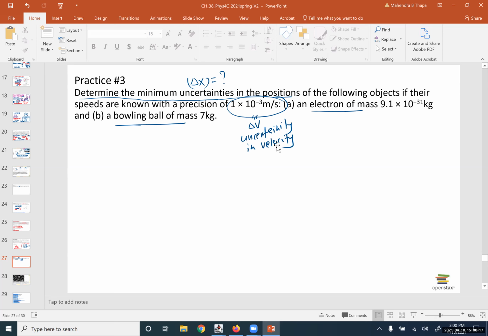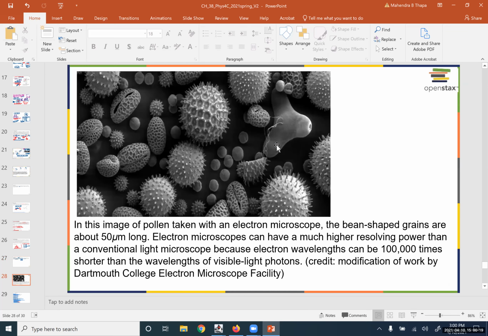To solve this problem. There are a lot of beautiful examples of quantum mechanics, and you can find a lot of applications of quantum phenomena.